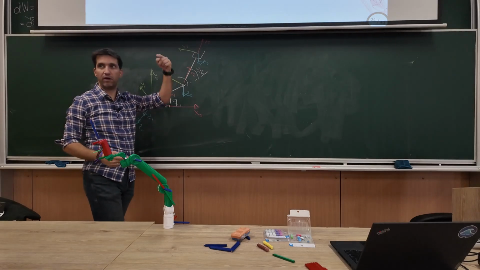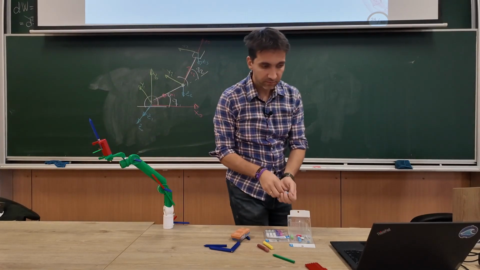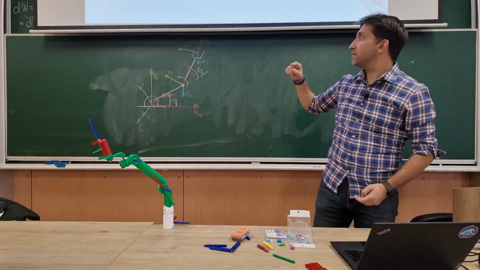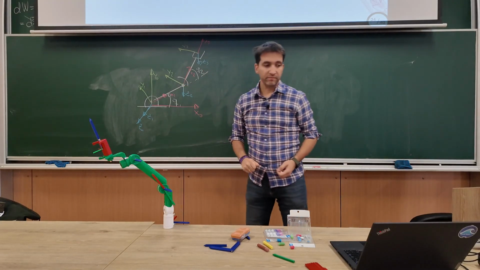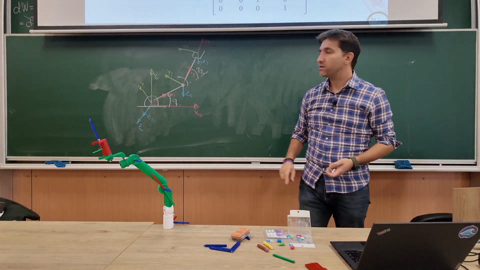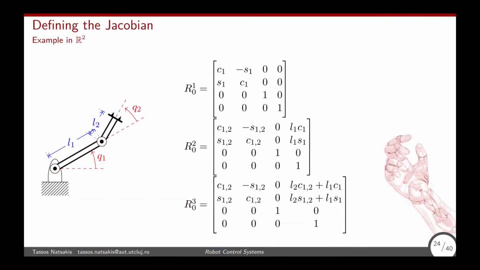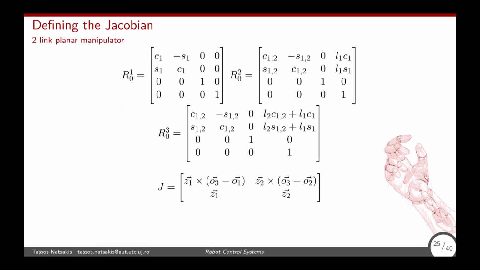The Zs are all coming towards you. All right, so this would be the transformation from 0 to 2 and the transformation from 0 to 3. Right. And we need to calculate the Jacobian.